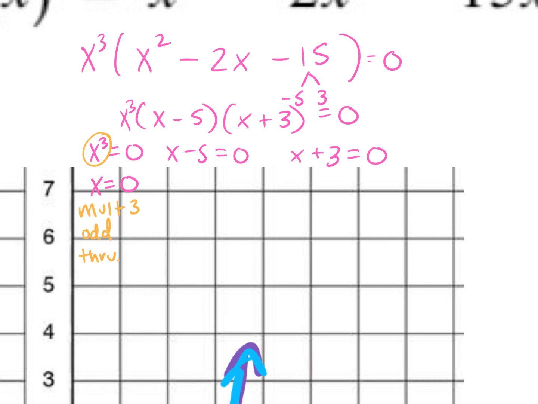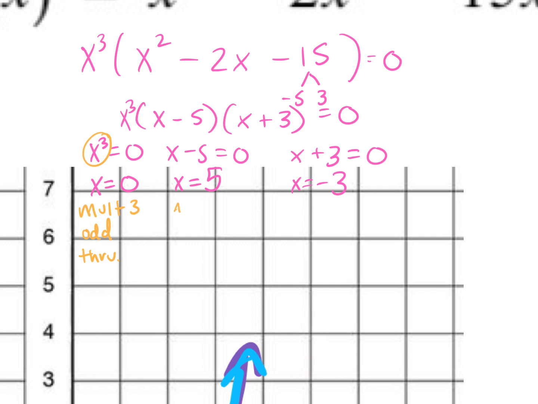Now for the next one, let's solve. I get x is equal to what? +5. So how many, well, let's finish solving. What's the third one? X is equal to -3. How many x is equal to 5s do I have as my answer? Just 1.